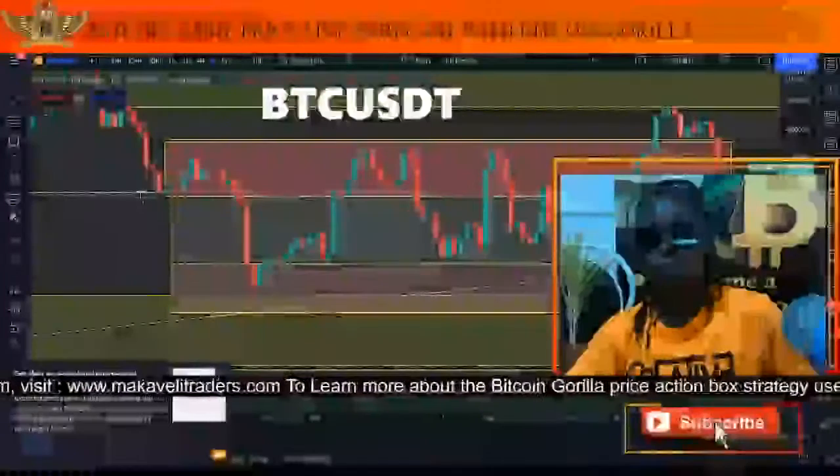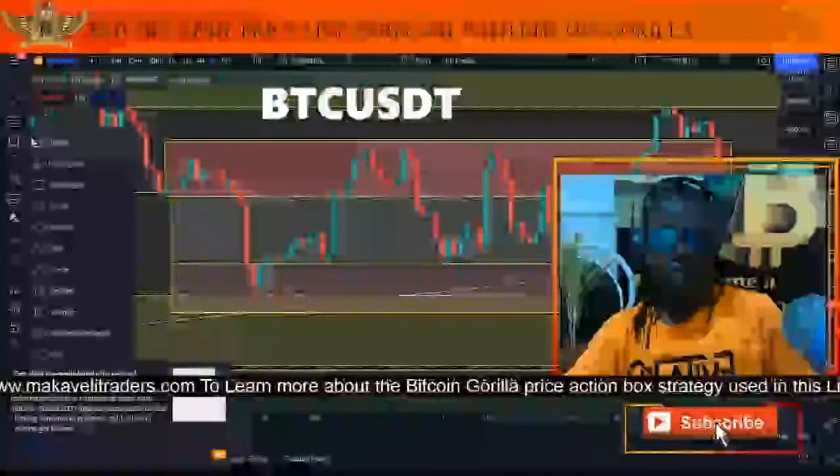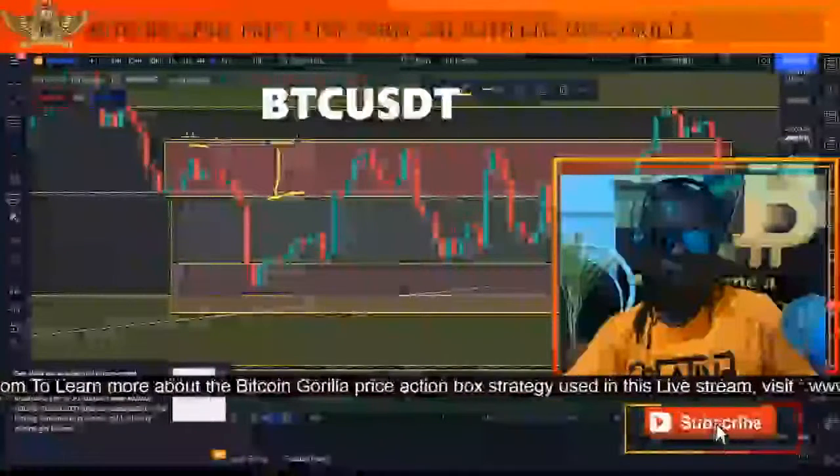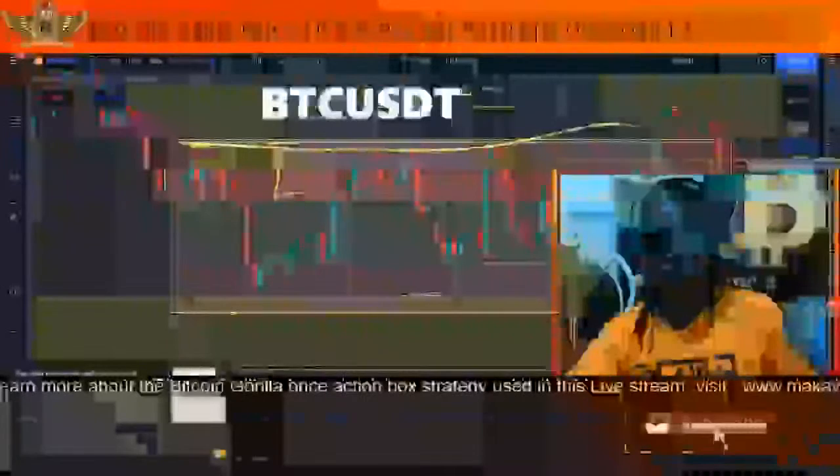If you look closely, you see the resistance here has formed something that looks like a box, containing price around this range on the daily chart.